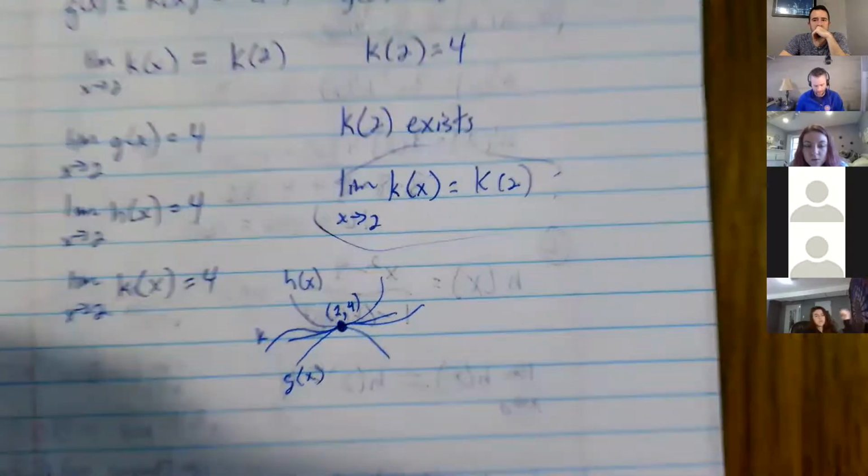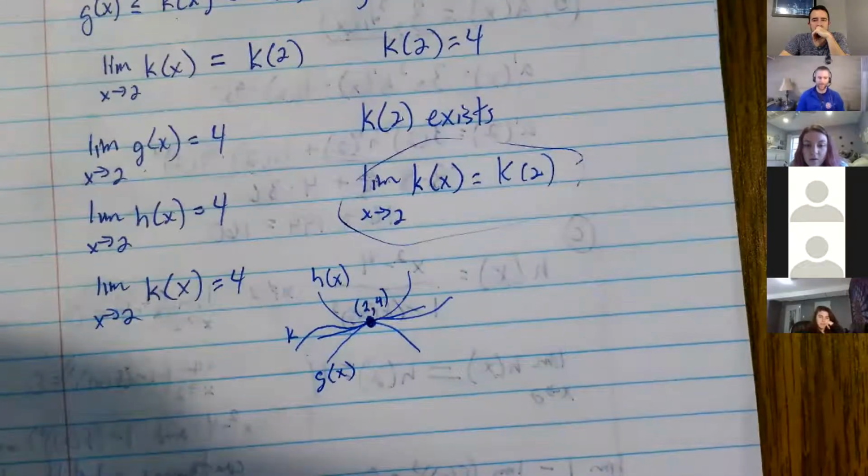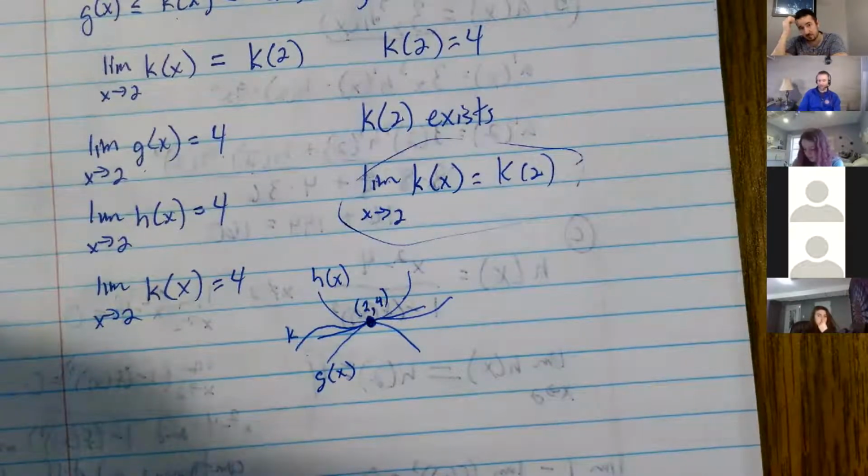So I don't think it's really that profound when you think about that picture, but it's a question that they have asked in the past. Obviously, this is just from 2019, but it's only 1 point, right? And so basically, you're just saying yes, it's continuous, and you have some sort of justification for it.